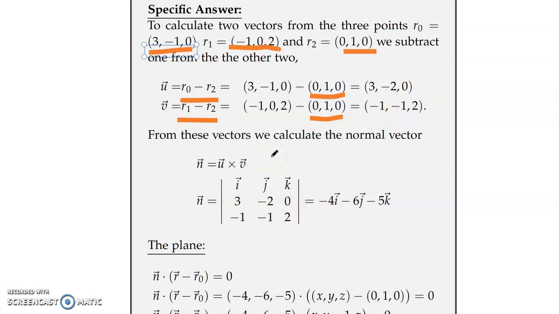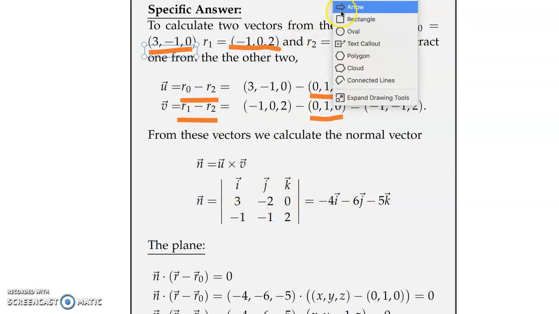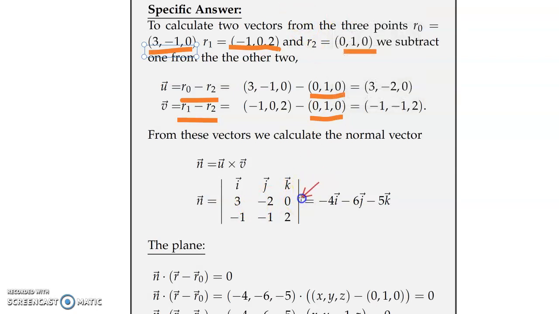So now we have to calculate the normal vector, which is the cross product. n is equal to u cross v. So here's our new vector u, and here's our new vector v, and we do a cross product of them. Like before, you cover this up, so it's 2 times 2 minus 0, so it's 4i.